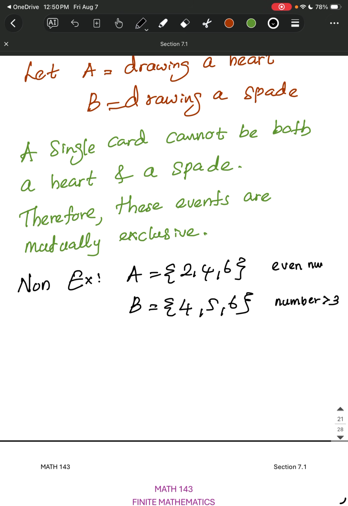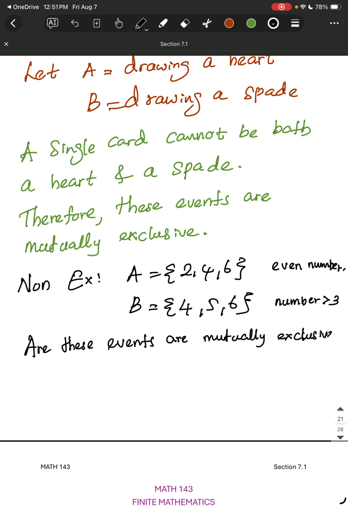Then, are these events mutually exclusive? No, because A intersection B is {4, 6}, they overlap. Therefore, they are not mutually exclusive.